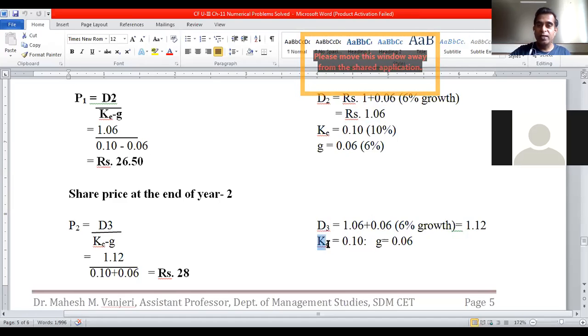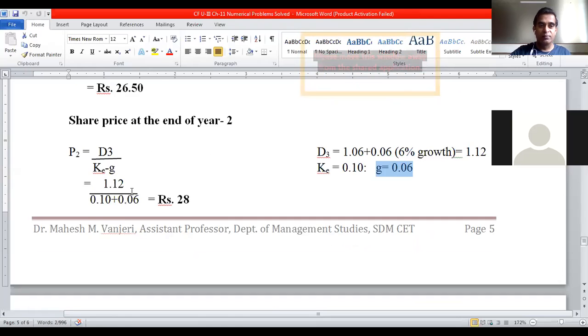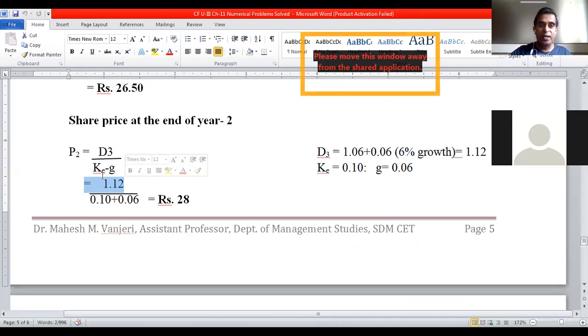Then KE is 10%, written in decimals as 0.1, and G is 0.06. So when we fill the equation, D3 is 1.12 divided by KE minus G, 0.1 minus 0.06, which is equal to rupees 28.